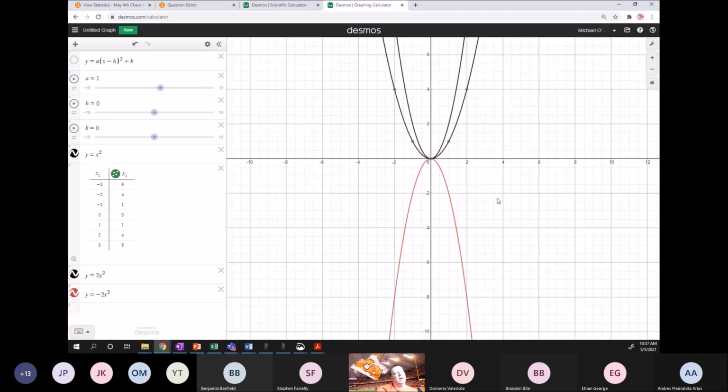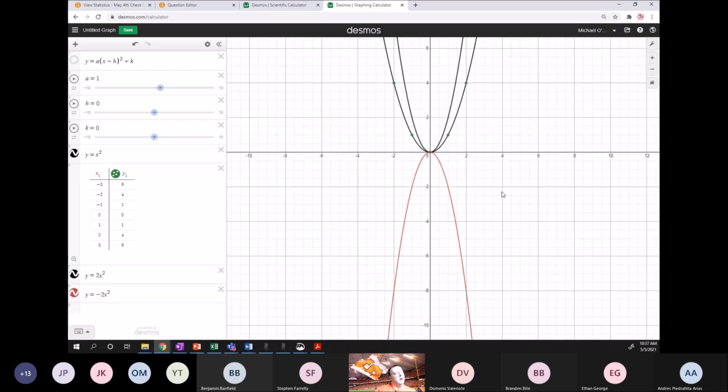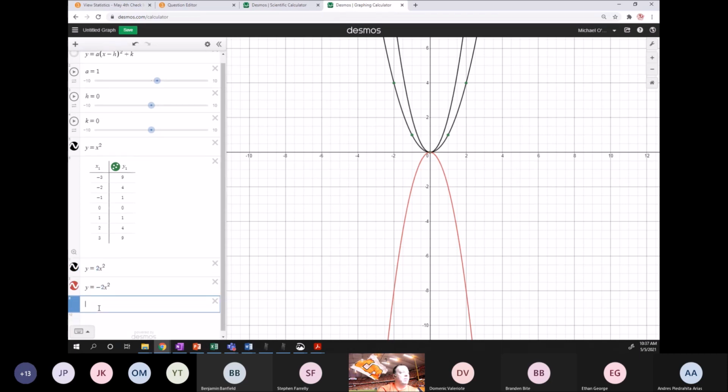Can anyone make a guess of what happens when I put a negative? If I have an a value, in this case 2 is my a value, what happens if it's negative? Can anyone tell me what happens if it's negative and what happens if it's positive?